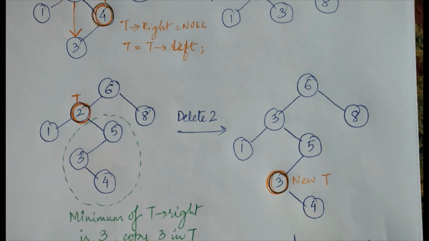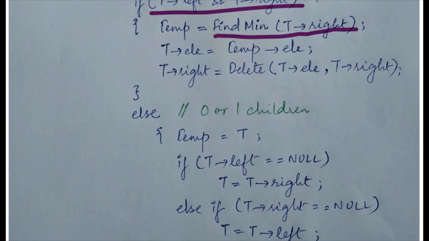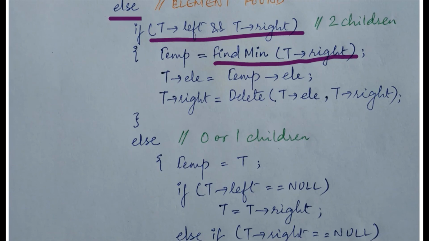We do not do the pointer changes that we did in the case of 0 or 1 children. We copy the value here. So what we do, in T, which had 2, which we are going to delete, I am putting temp to element. Temp to element is the minimum element. Find min returns the node address which has the minimum element. So I take the element there and I copy it on that.